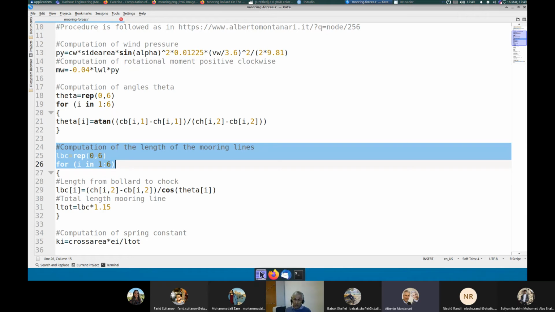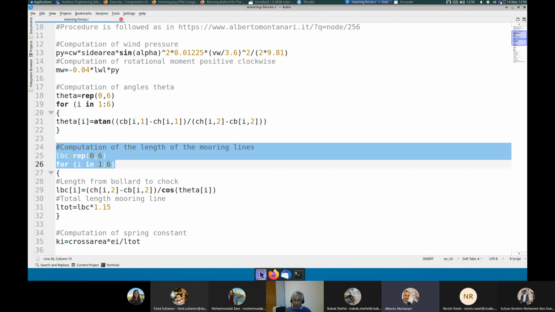We didn't talk about conditions yet, but let me make a recap of how to write a cycle. A cycle is a repetition of tasks, like you see now on the screen. Computation of length from bollard to chock. This is to be repeated 6 times because we have 6 mooring lines. So it's a typical cycle. And a cycle in R is written by using the instruction for. It's a function, and for has an argument.